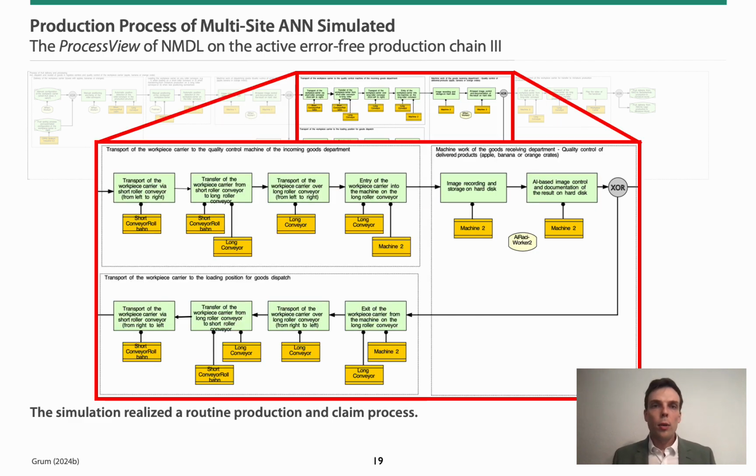The third part of the process cared about the fruit transport to the second production site, the refinement and control before delivery. So, either the fruit was nice and the workpiece carrier is delivered, that's the upper control flow, transport and the delivery, or the fruit showed bad quality and the workpiece carrier was reclaimed.